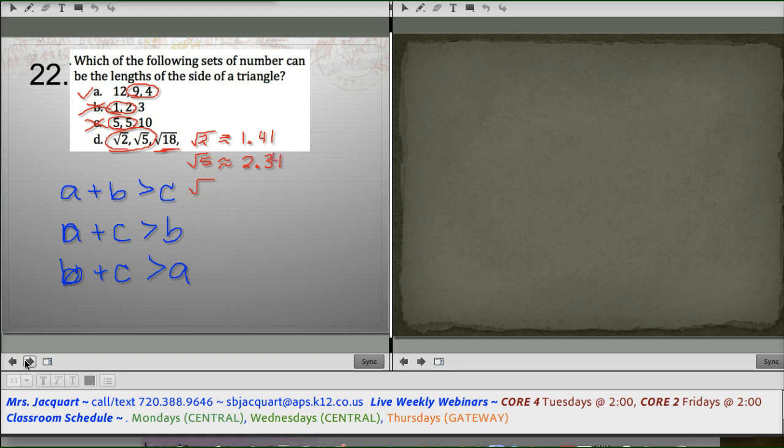And square root 18, you want to use your calculators on these just to make sure you're right, it's going to be 4.24. And so you could see that if I added square root 2 and square root 5, it's not going to be greater than this one, so it can't be that one. So my answer is A.